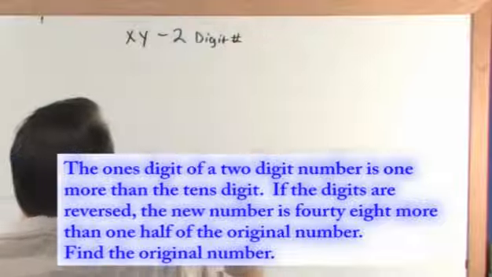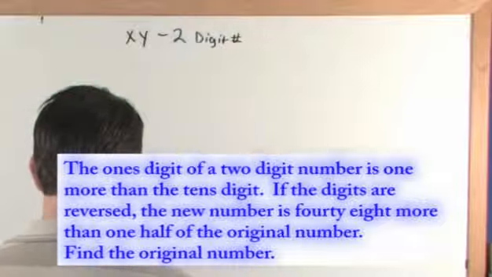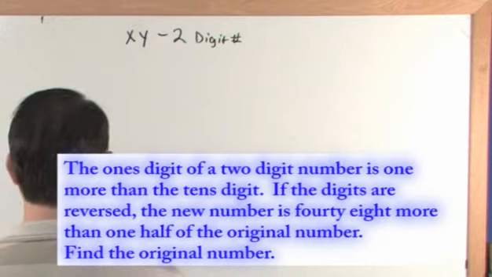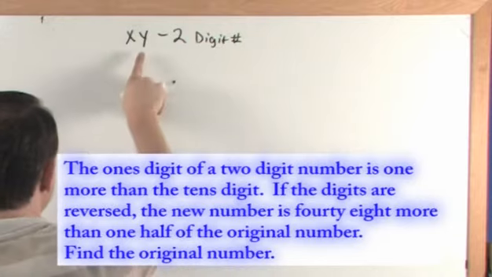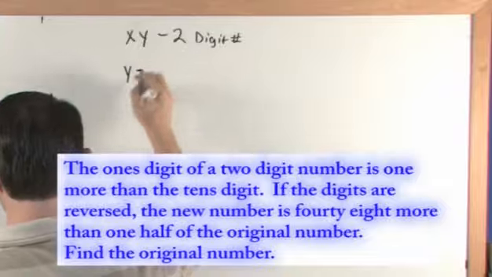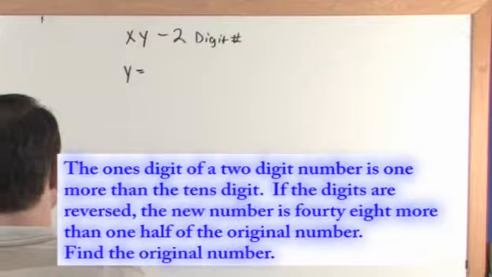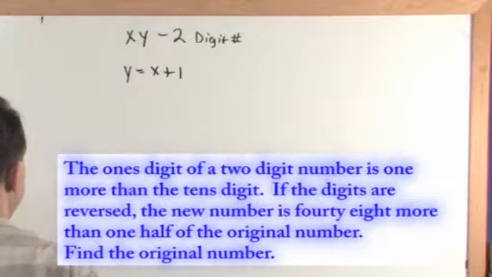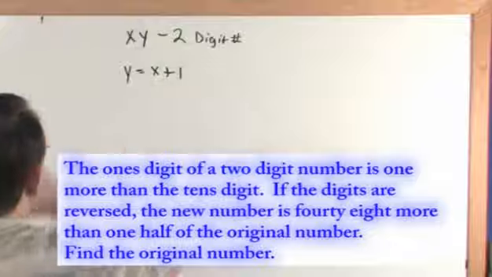Then let's go ahead and do the first part. What we're saying here, the ones digit, which is this one, is 1 more than the tens digit. So congratulations, we've written the first equation down.